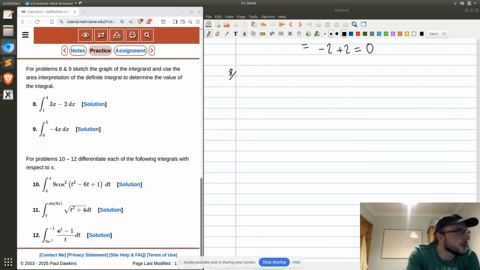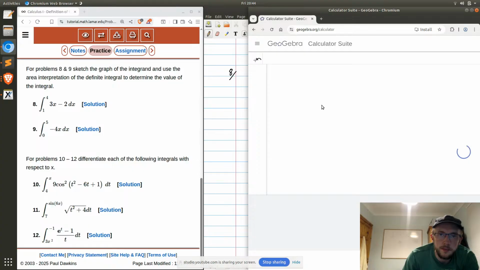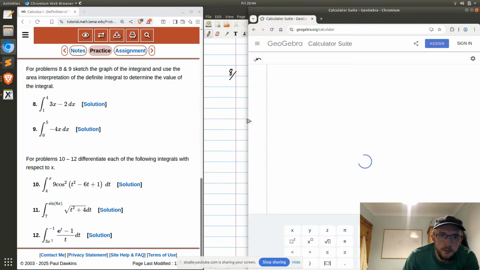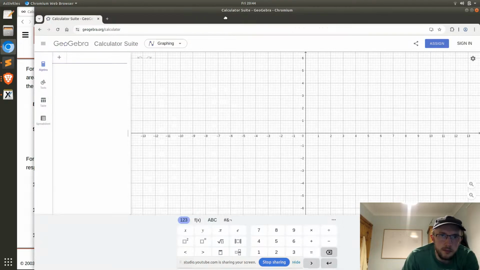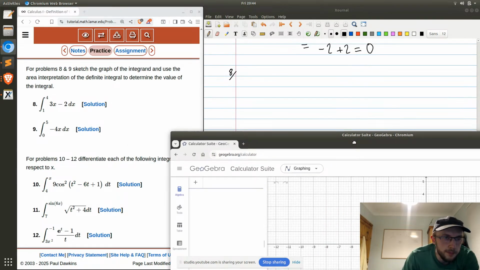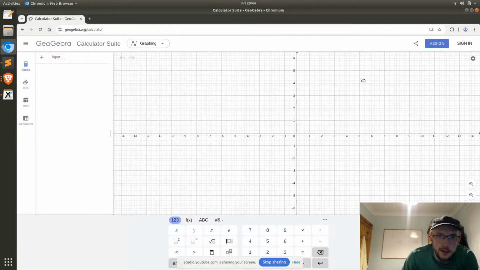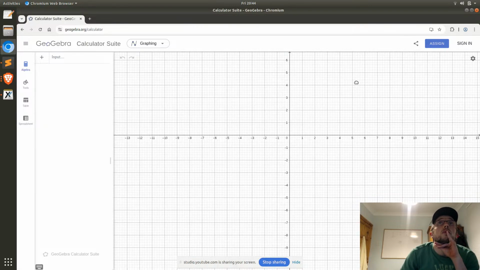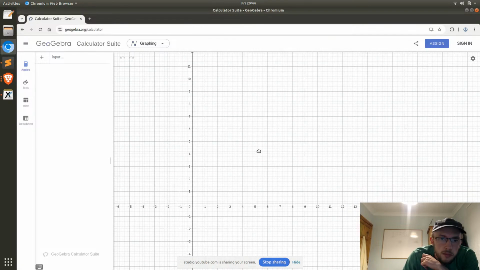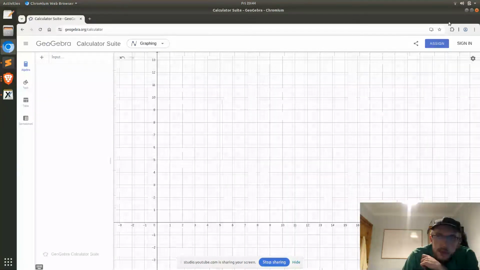So go to GeoGebra here. And borrow some. 1 to 4 is it? Okay, so like this much.